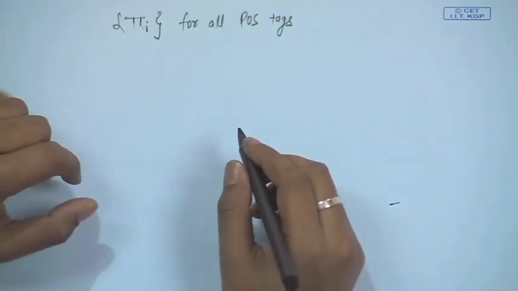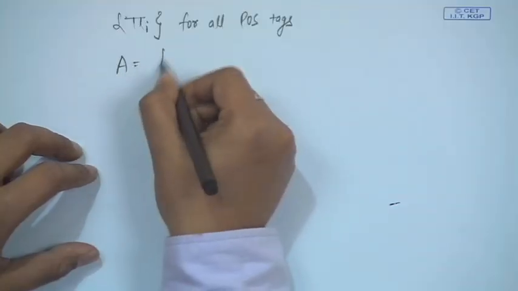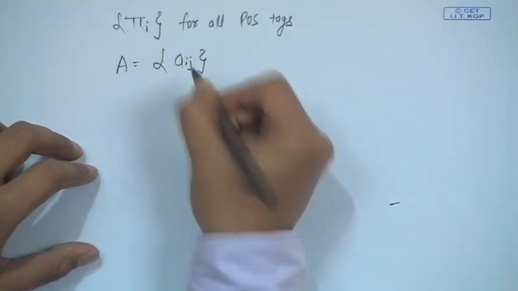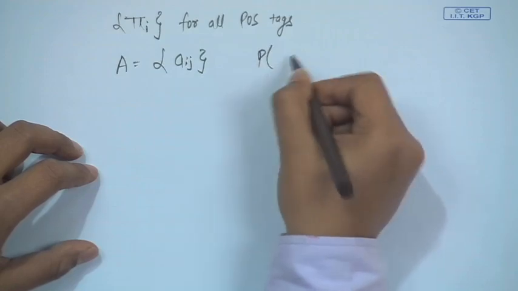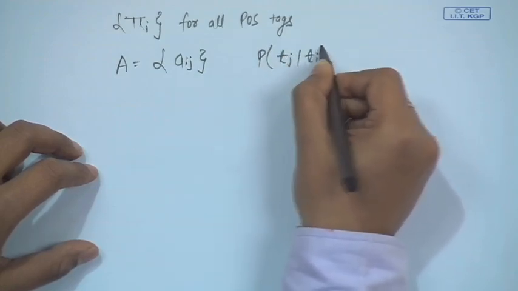Then I need the probability of transition from one part of speech tag to another. This is my transition matrix. I need all these A_ij, the transition probability of Tj given Ti.